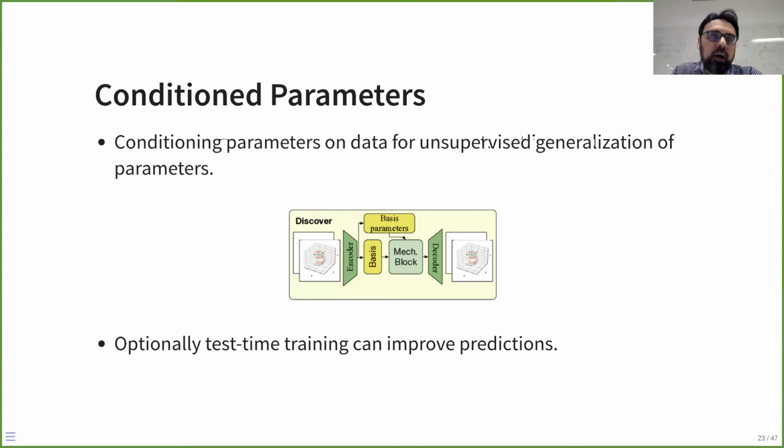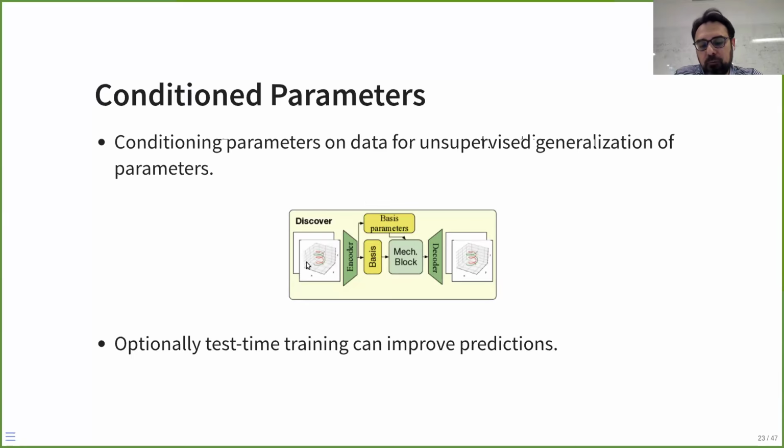But because our method is fully differentiable, we can simply condition the parameters, in this case the box that says basis parameters, on the neural network itself. So you see an arrow that goes from the encoder to the basis parameters, which means that now the basis, which I call this basis but is really just the parameters of the expression, depend on the data itself.